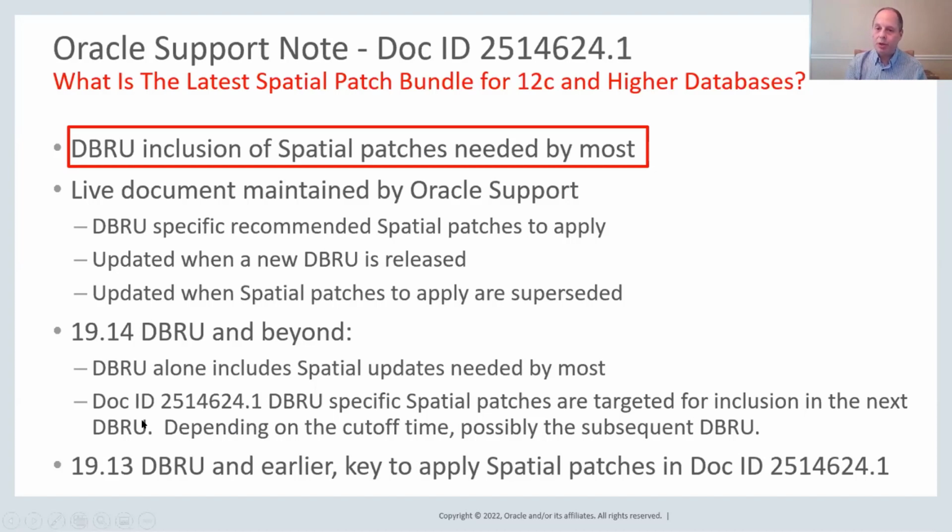So the next DBRU when you apply it will likely contain the patches, but there is a cutoff. So depending on the cutoff time, it might not be that next one, it might be the subsequent one, right? But the key is now, very nice that we've mainstreamed patching into just the DBRU process.